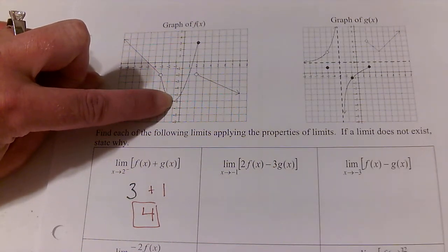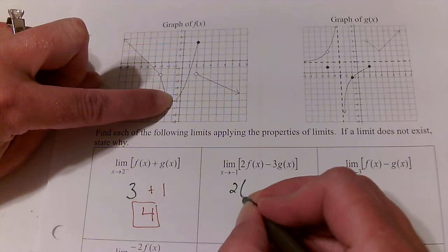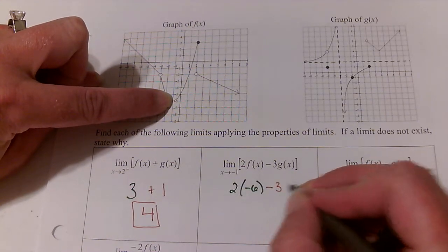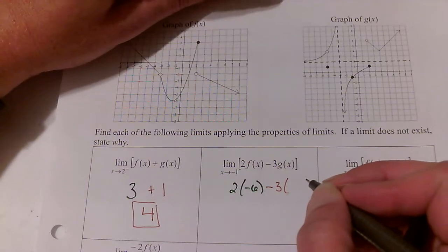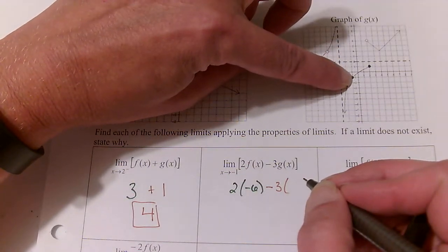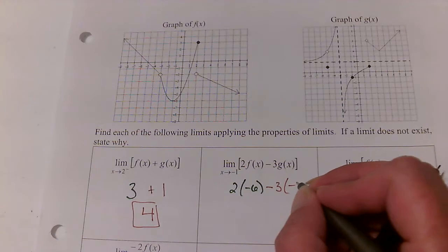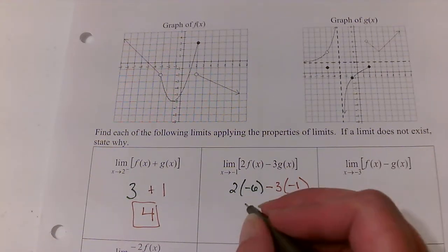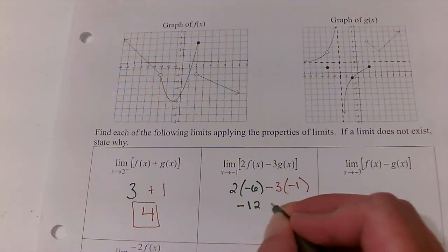It's 2 times that, so 2 times -6 minus 3 times g of x at -1, which is -1. It's really just this easy.